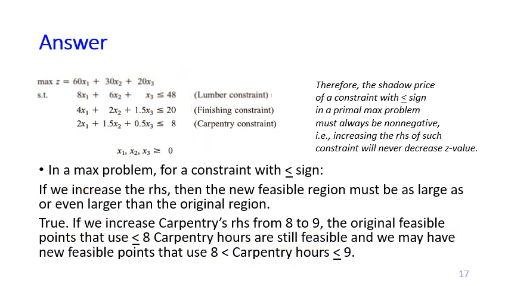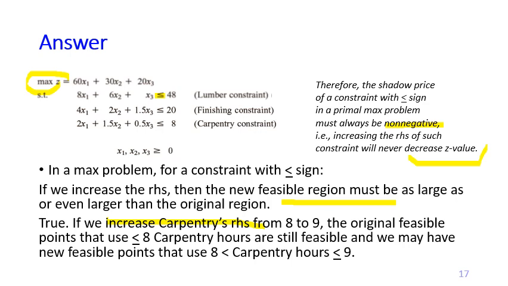The relation with shadow price is that if we know that the new feasible region after increasing the right-hand side will never be smaller than the original problem, it means that the shadow price of a constraint with less than or equal to sign in a primal maximization problem must always be non-negative, because increasing the right-hand side of such a constraint will never decrease the z-value. This is the case because our feasible region after the increase must be as large as or even larger.